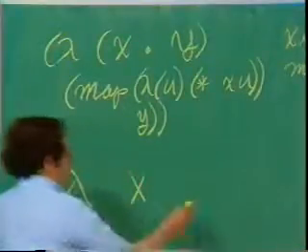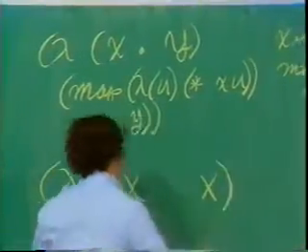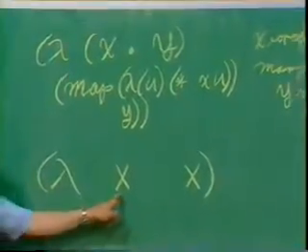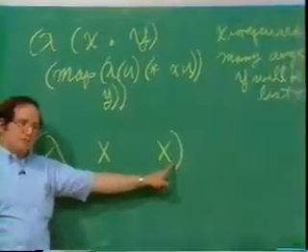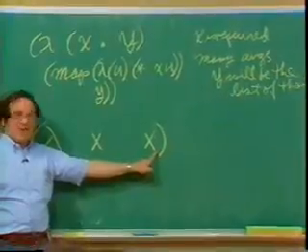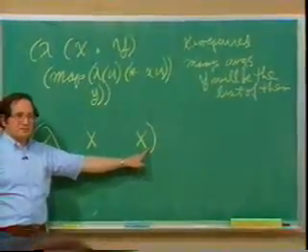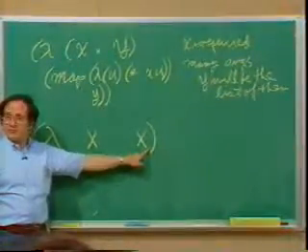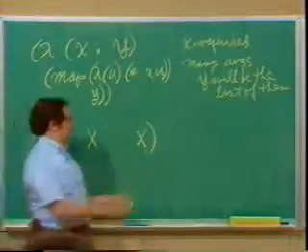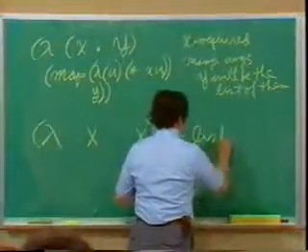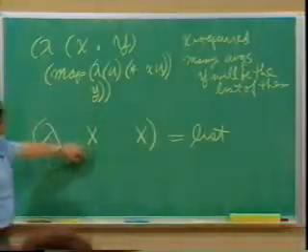For example, if I take the procedure which takes all the arguments x and returns the list of them, that's the procedure list. Okay. How does this work?